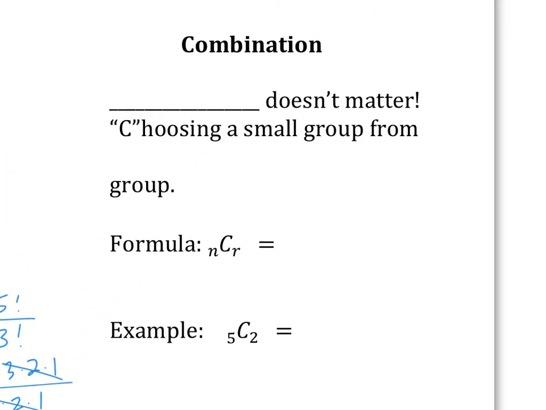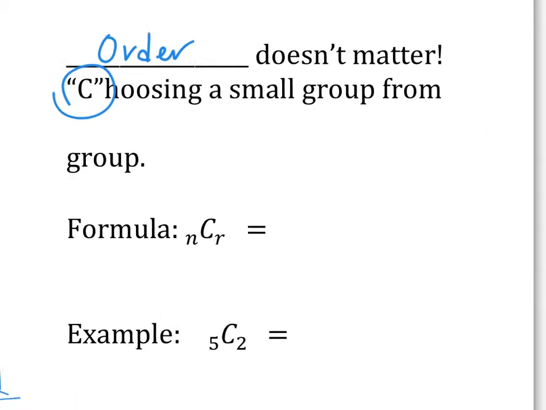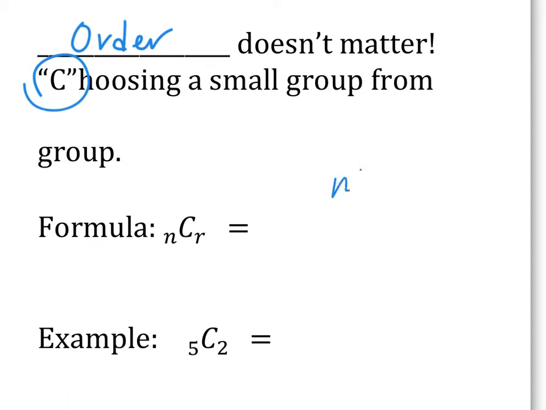Okay, next, combination. Combination is order doesn't matter. C means choosing. So C in combination means choosing. So we're going to take a small group from a large group. Okay, the formula is nCr. nCr is n factorial divided by n minus r factorial divided by r factorial.